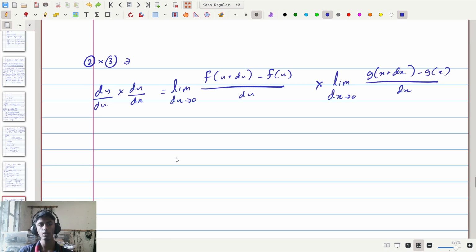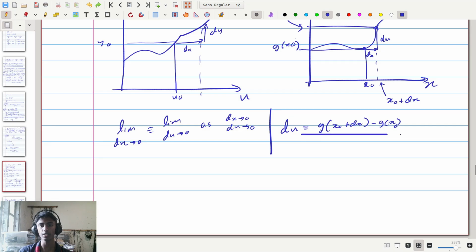So doing that, on the left we're going to replace this limit as du approaches 0 with dx approaches 0. This is the limit as dx approaches 0 instead of du approaches 0 of, and instead of u we're going to substitute g of x, and instead of du we're going to substitute that equation that we found over here.